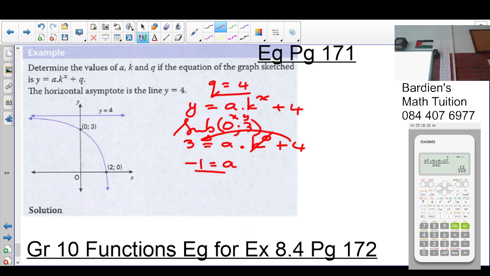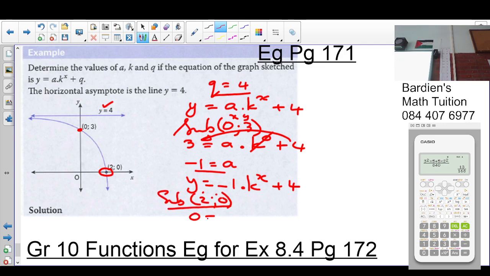Now what? Substitute into the equation. y is equal to negative 1 times k to the x plus 4. Now I've used that point. Now I'm going to use this one here. So you're going to substitute 2 and 0, remembering that's an x and a y.